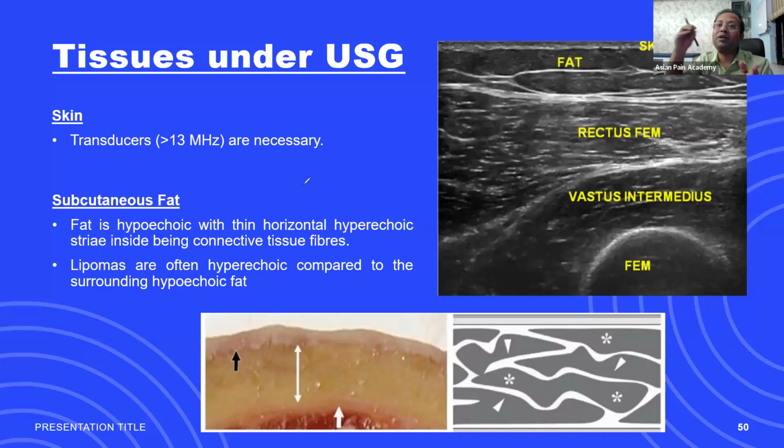The lipoma is a bit more white, and if we compare this lipoma with a tendon, it will become hypoechoic. Tendon or periosteum are much more hyperechoic than that. So it is not absolute, it is relative.